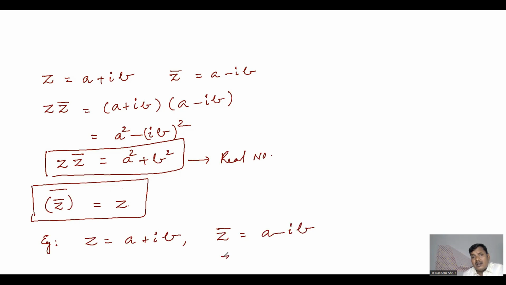Then what about its conjugate, z bar whole bar? You have to change the sign of the imaginary part, so a plus again iota b. But a plus iota b is nothing but your original complex number. Can I write it is nothing but z only? Yes. So the conjugate of the conjugate of a complex number will always give itself. I hope it's clear.